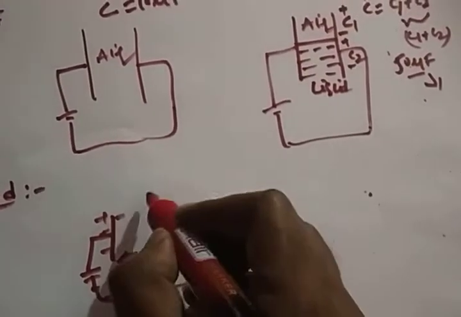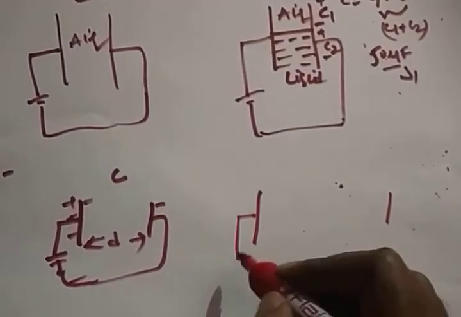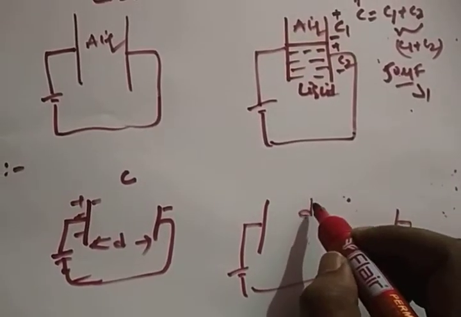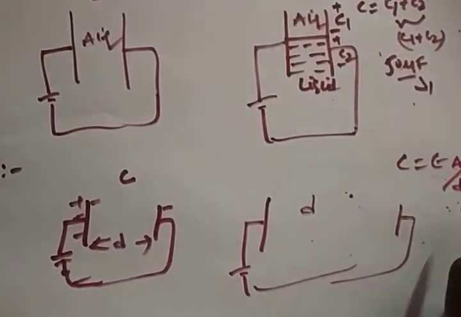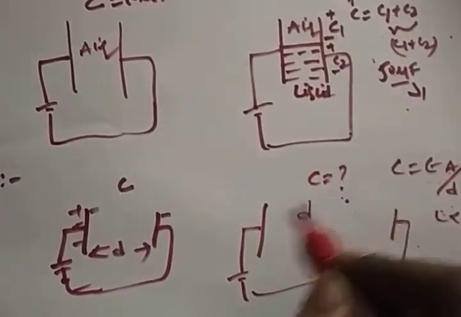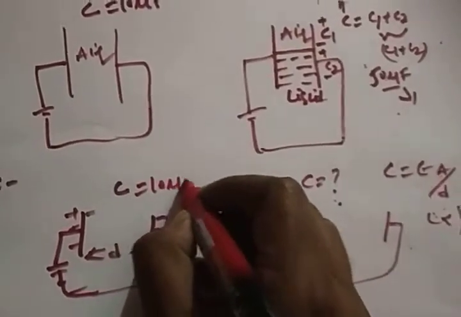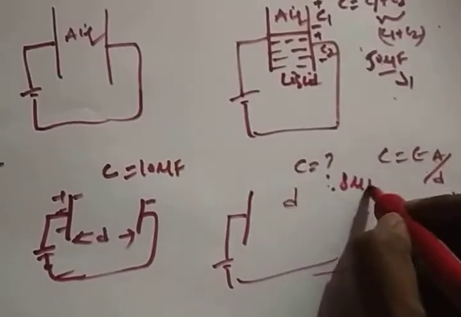For this distance the capacitance is C. Now you are increasing your distance and applying voltage. Definitely the capacitance will reduce because C is equal to epsilon A by D. C is inversely proportional to the distance. If distance increases, your capacitance will reduce. If it is 10 microfarad, and you change the distance between the two plates, you will get 8 microfarad.